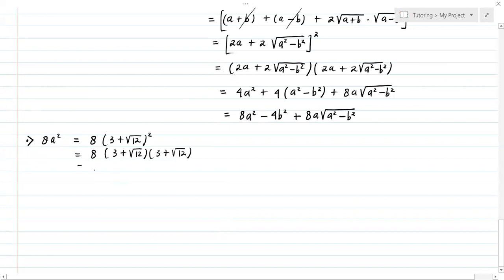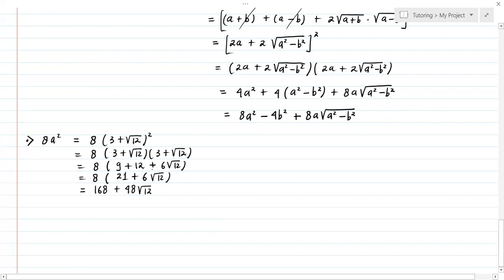So here we have 8 multiplied with 9 plus 12 plus 6 root of 12, so we have 8 multiplied with 21 plus 6 root of 12. Multiplying by 8, it will be 168 plus 48 root of 12.